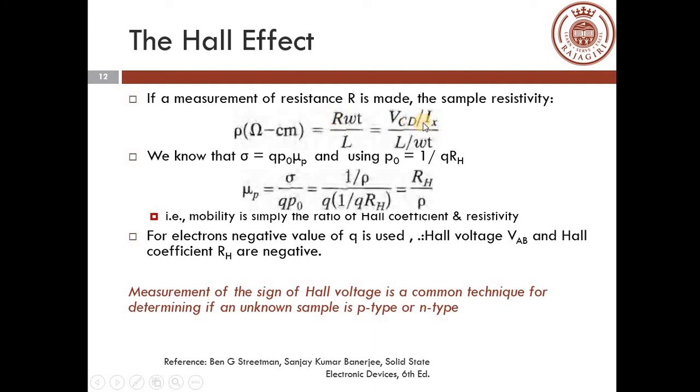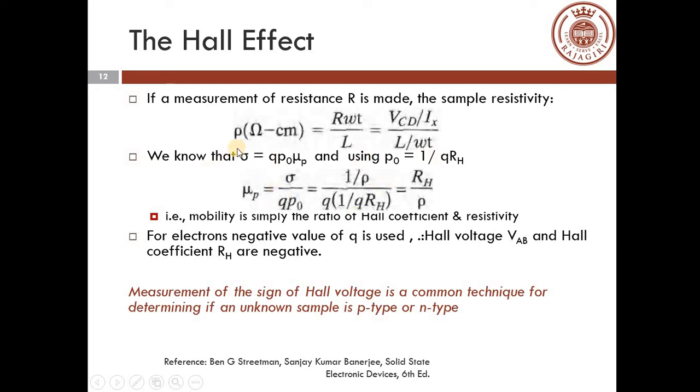Resistance is equal to voltage divided by current, that is VCD divided by IX. So the resistivity can be found out from this formula, VCD by IX divided by L by WT.